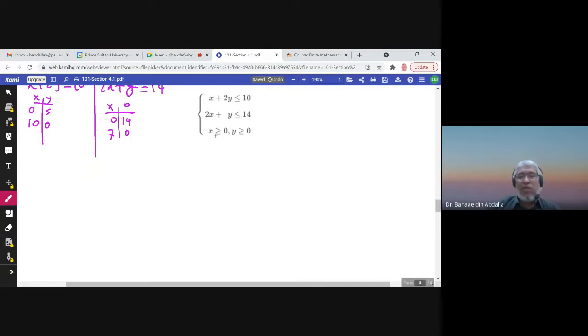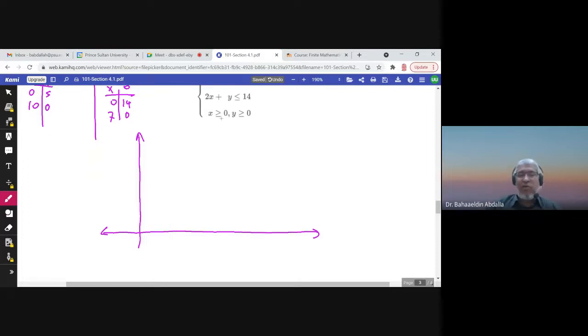Notice that x should be greater than or equal to 0, and y should be greater than or equal to 0. And this means that the graph would be in the first quadrant, because x greater than 0 means we are either in the first or the fourth. Here, x is greater than or equal to 0, and y is greater than or equal to 0.